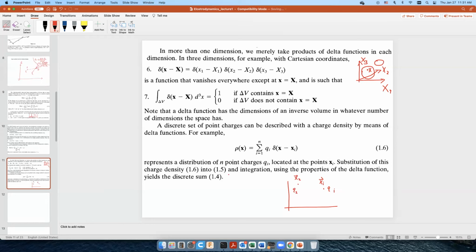Okay, that's it for today's class. We just introduced some basic ideas from electrostatics. So please read the textbook, because we're not going to cover everything in the textbook.